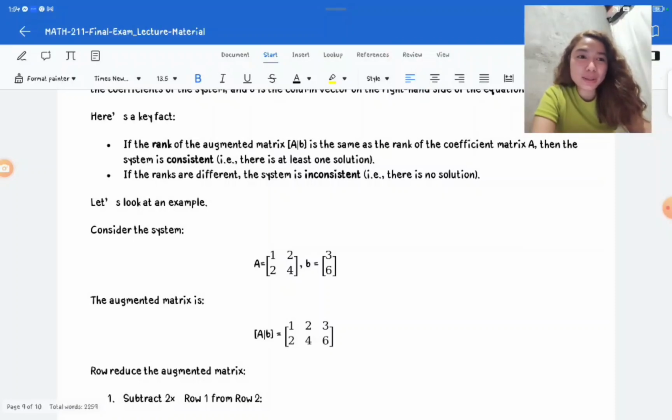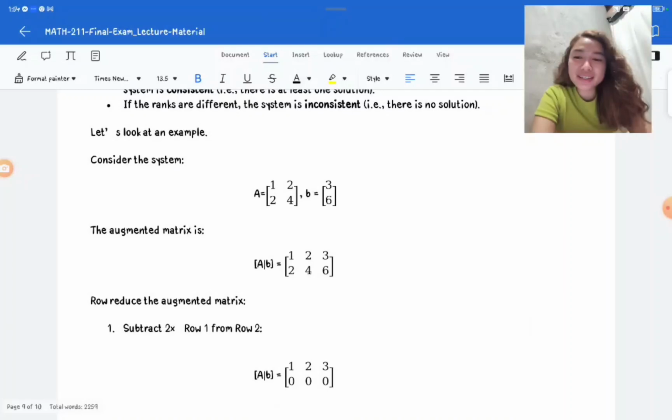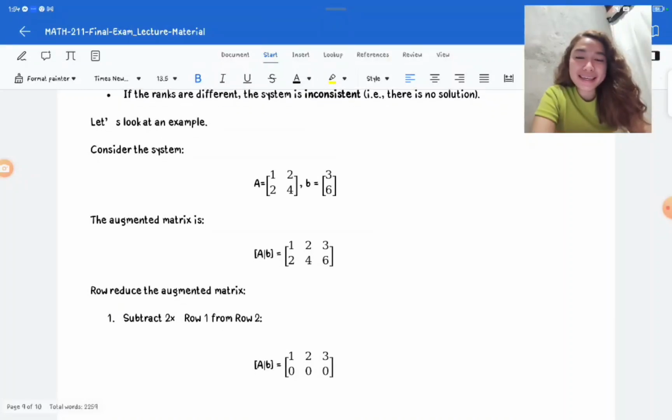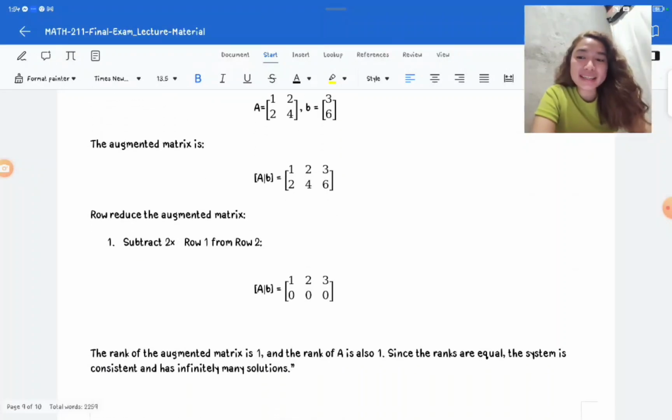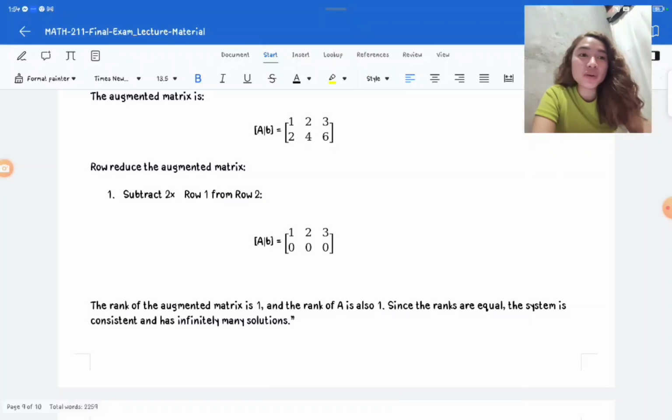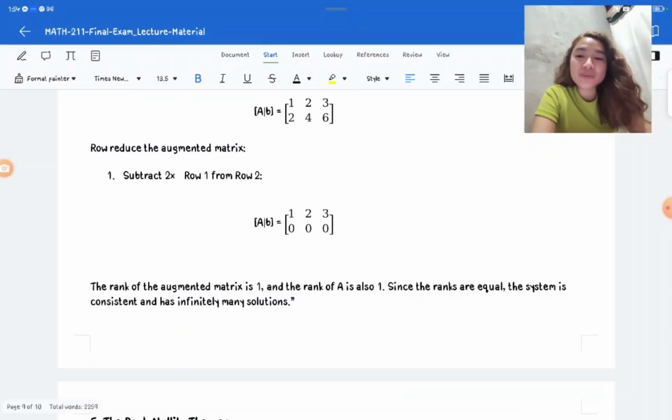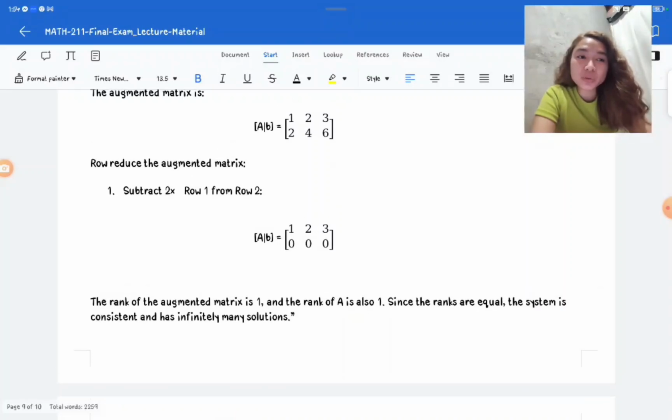So let's look at an example. Consider the system where A is 1, 2, 2, 4 and B is 3, 6. So the augmented matrix is 1, 2, 3, 2, 4, 6. We're going to row reduce the augmented matrix: subtract 2 times row 1 from row 2. So 2 times 1 is 2, minus 2 gives us 0.